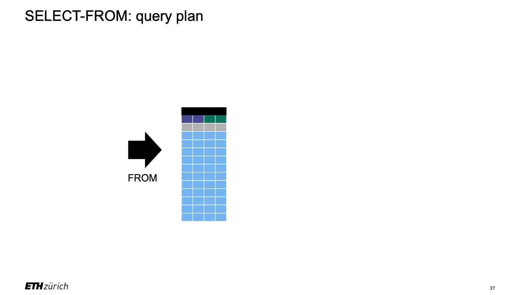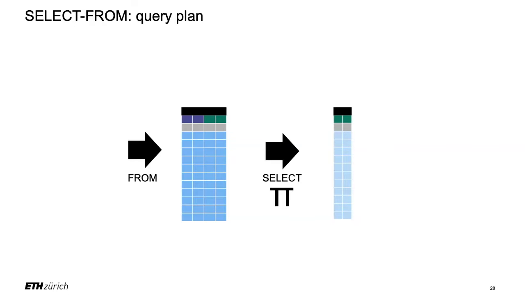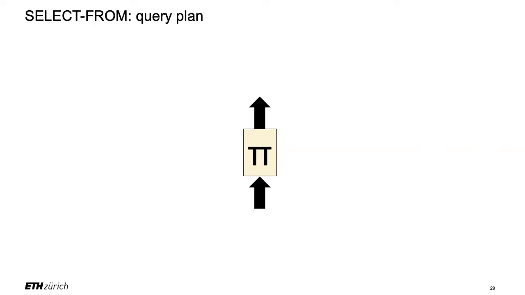Okay, and then the query plan would basically just be that you take the table by from, you just, you know, read it from the disk, and then you apply pi to project to the attributes that you want, right? So this is, if I draw it now in a formal way, this is just the application of the pi operation. Okay.